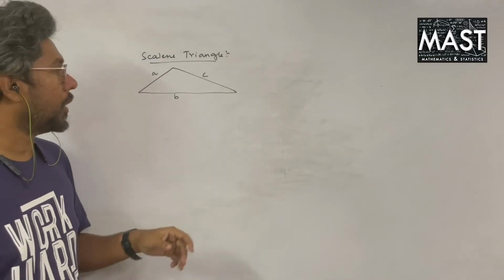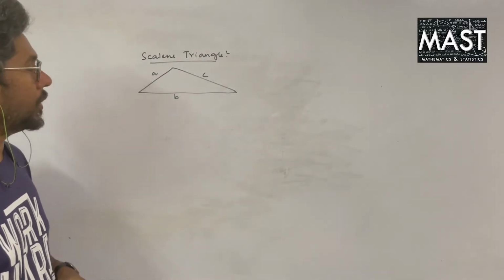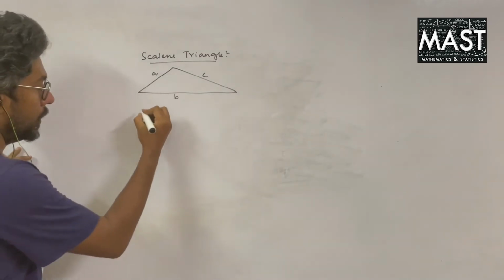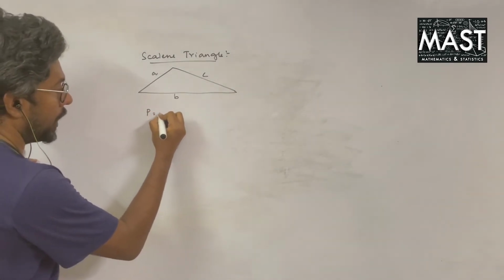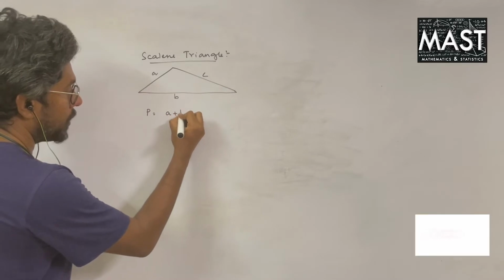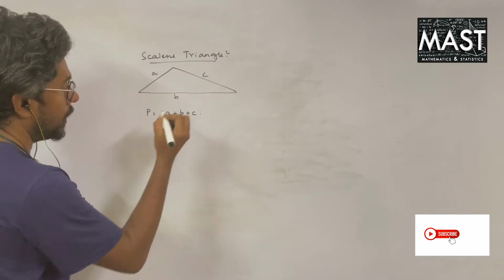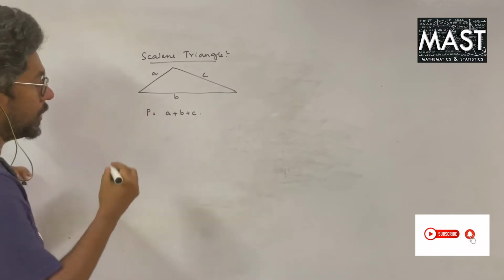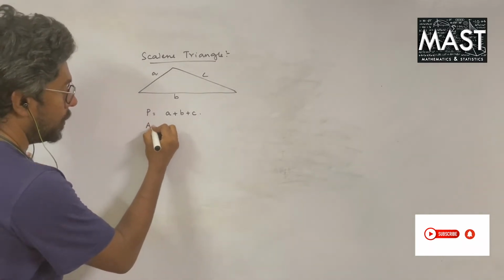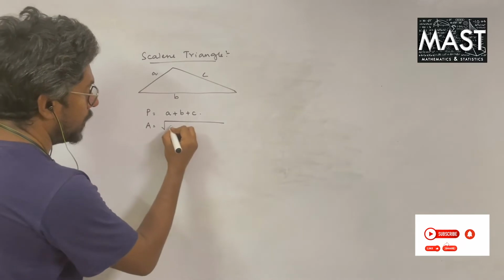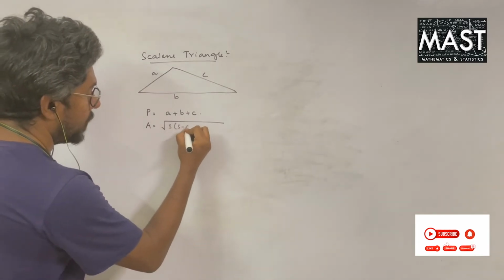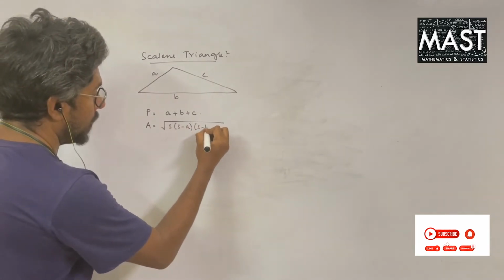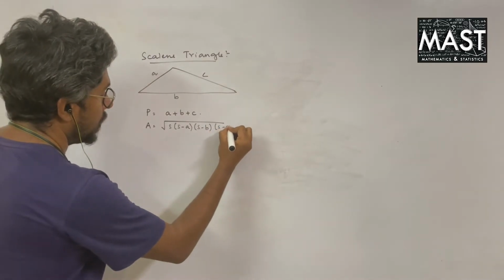We will now talk about the area and perimeter of a scalene triangle. The perimeter of a scalene triangle will be given as the sum of the sides, which is a plus b plus c. Since the three sides are unequal in a scalene triangle, the area would be given as root over s into s minus a into s minus b into s minus c.